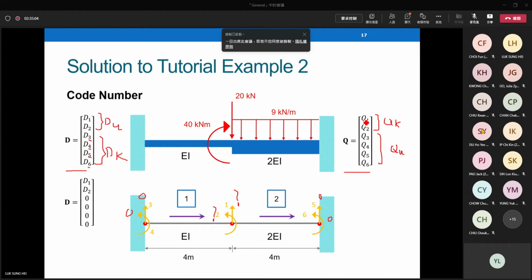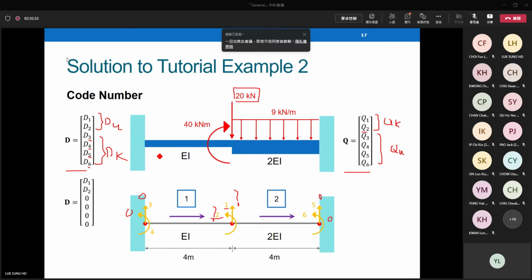Q1, direction 1. Direction 1 stands for the vertical direction, talking about the force. Nodal force, 20, minus, because the force is pointing downward. Q2, direction 2. Direction 2 is talking about the rotation. That means the moment. Is there an applied moment at the middle?